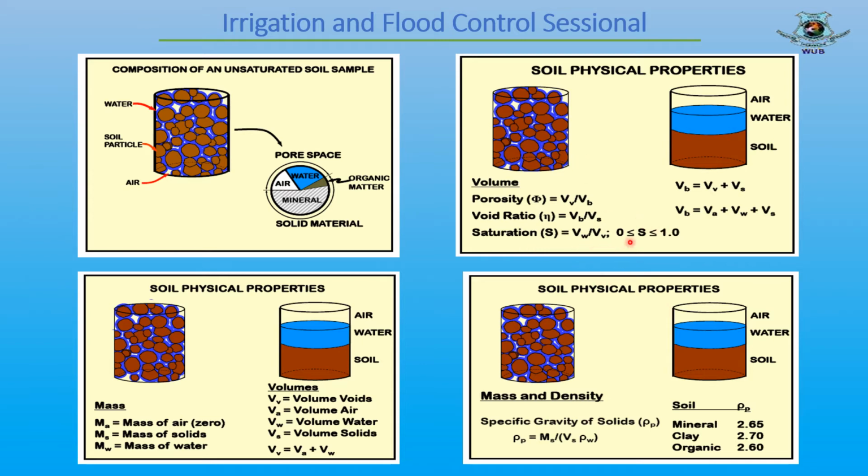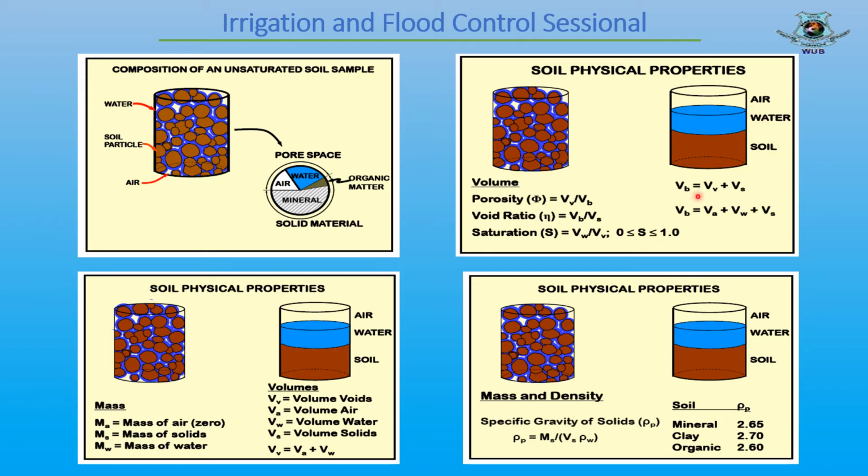If the total void space is filled with water, then the saturation value S will be equal to 1, and if the void space has no water content, that means in case of dry soil, Vw, that means volume of water, will be equal to 0, and so degree of saturation S will be equal to 0.